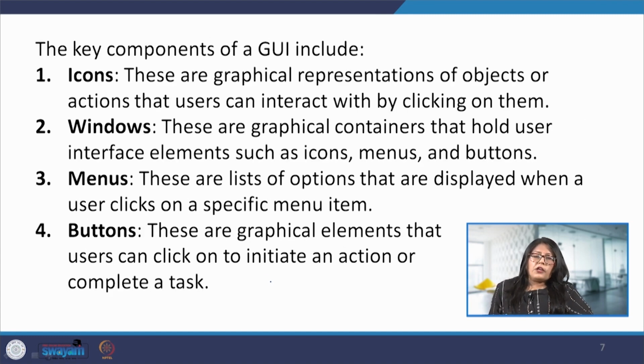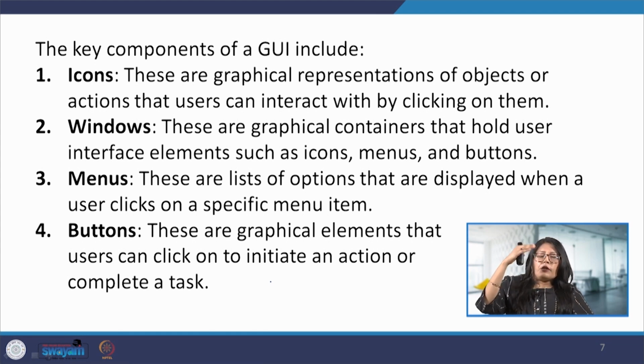Now, some of the key components that I have already mentioned that are there in the GUI, they are icons. So, they are graphical representations like we have for file or folder or bin, recycle bin. Then we have windows. So, these are graphical containers that hold the user interface elements, where in that window we can identify these icons or menus or buttons. Then the third is our menu, which is basically a list of options that is displayed when the user clicks on the menu.